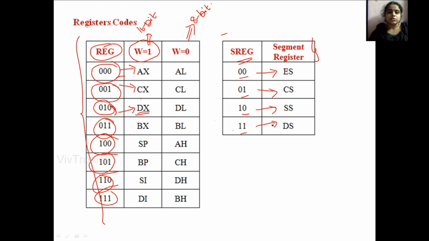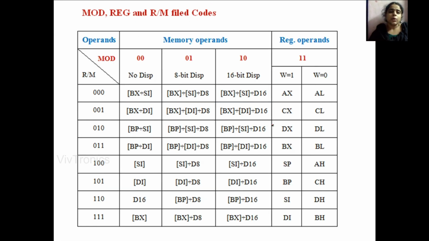Okay, so the next one is the mod, addressing mode, REG register fields and R/M field codes. Depending upon this table, we will select the data on the R/M field, and here for register operands the MOD is 1 1, for W equal to 1 and W equal to 0.